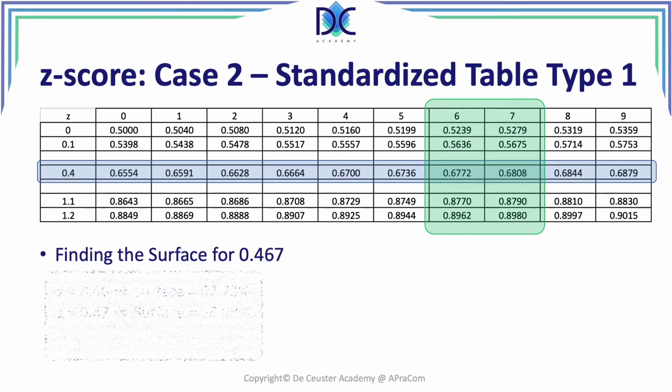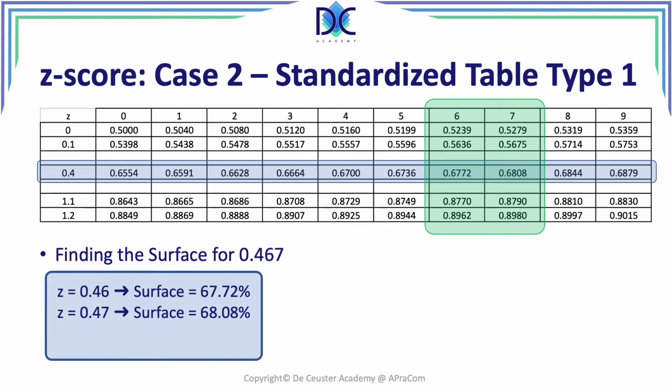So basically what we find here is that for a z value equal to 0.46, we have a surface of 67.72%, and for 0.47, we have a surface of 0.6808 or 68.08%. So it means that for a difference of z value of 0.01, we have a difference of the surface which is equal to 0.36%.